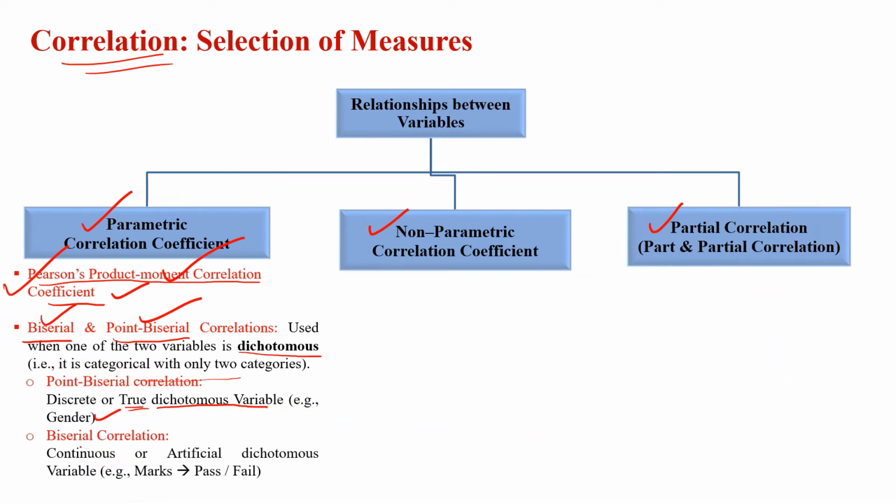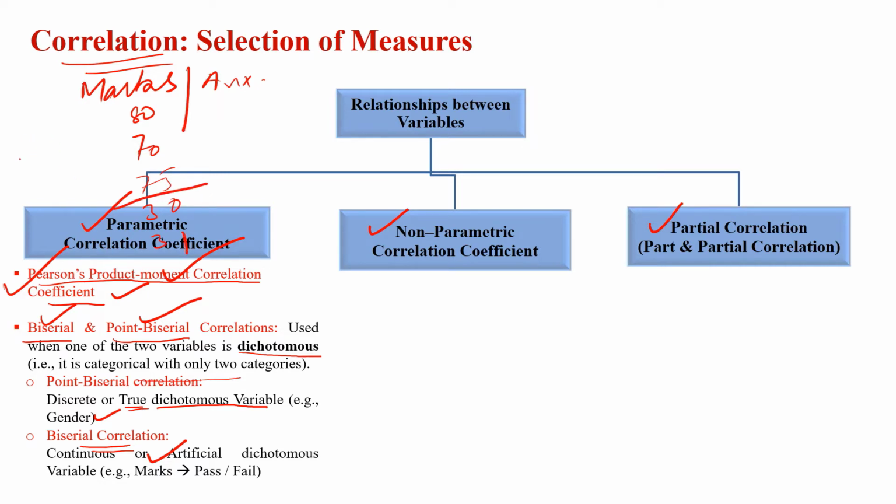Whereas biserial correlation can be applied when one of the variables is artificially dichotomous. Artificially dichotomous means we have made a continuous variable into a dichotomous form. For example, we have a variable called marks, as well as anxiety level. Students have marks of 80, 70, 75, 30, 31. How can we make a dichotomous variable?